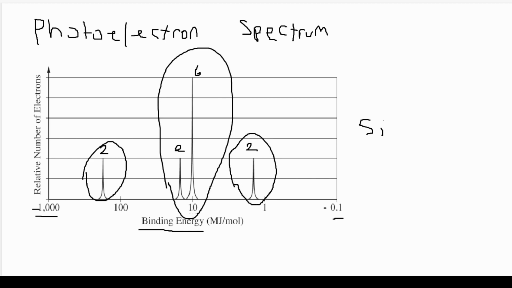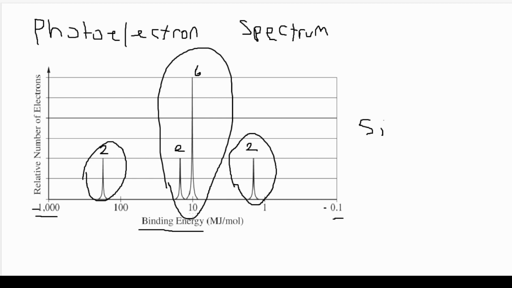So that's the basics. Then how do you figure out the electron configuration from this? Well, the first energy level is closest to the nucleus. You should just know that. Electrons on the first energy level are closest to the nucleus.